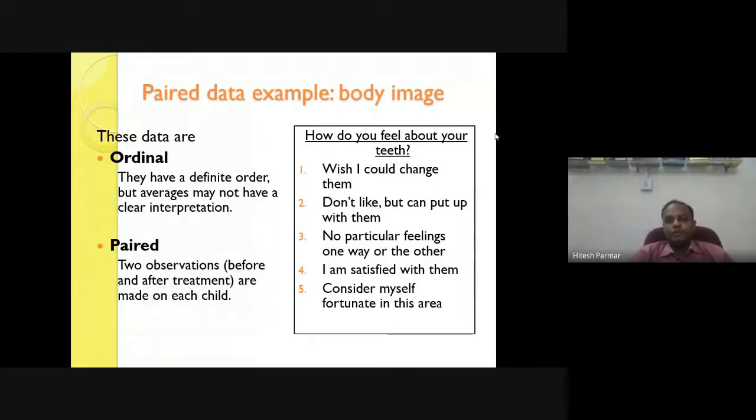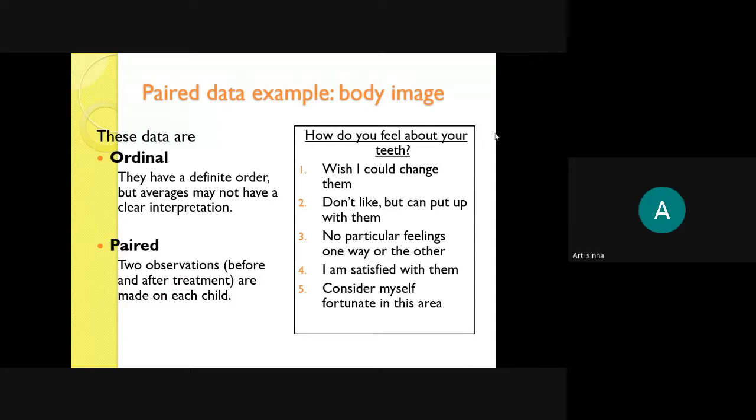Situation number two is that the variable that you are capturing is itself ordinal in nature. If it is ordinal in nature, then there is no need to check the normality and directly you can apply Wilcoxon signed rank test.